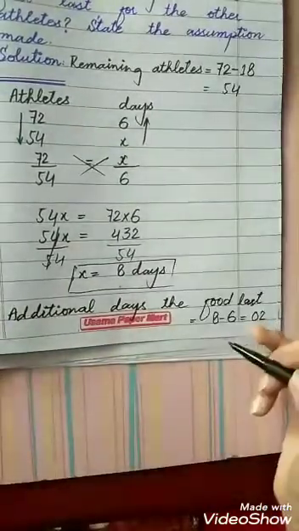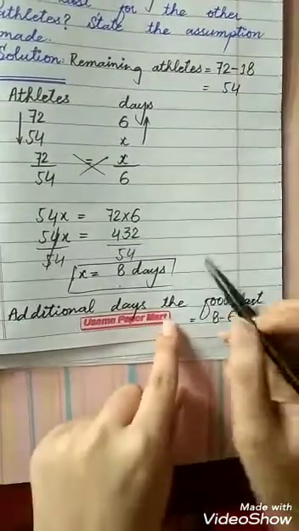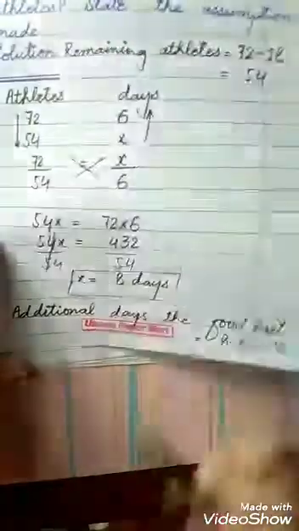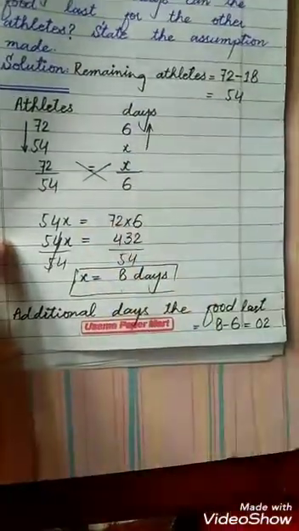It means additional days are 2 days now. For these 2 more days they can eat that food due to the absence of 18 persons.